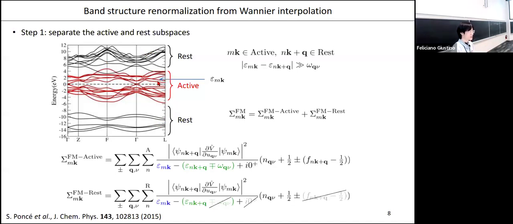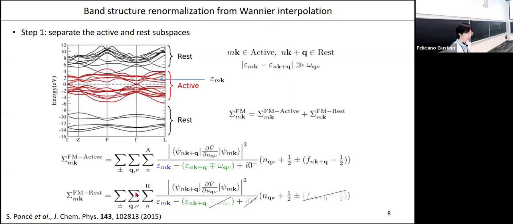If you want to calculate the self-energy for some state in this active space, like the valence band maximum or conduction band minimum, then the contribution from the rest space is very far in energy. They are separated in energy. So the difference between the active space energy and the rest space energy is much larger than the phonon energy.